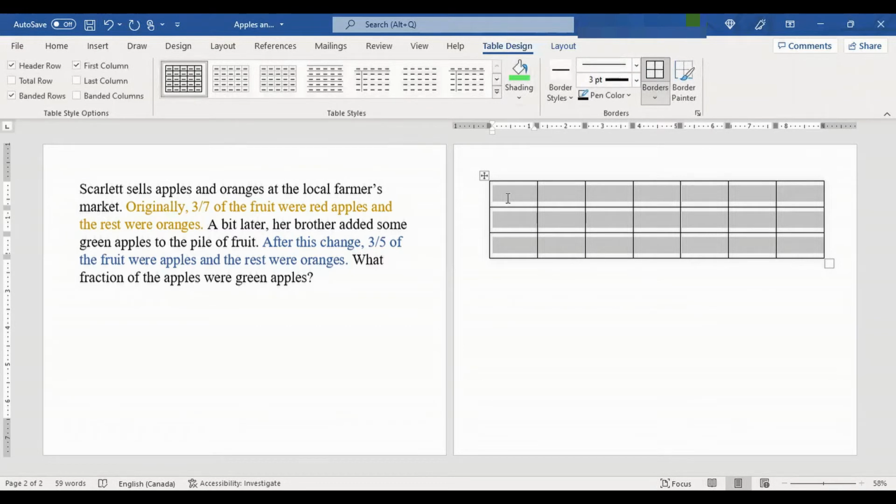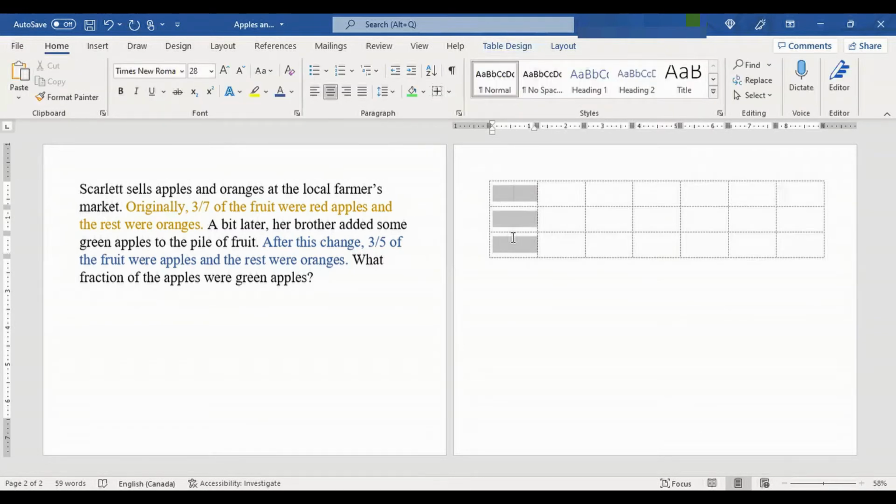Okay, so here's our table. Put the apples, and oranges, if you can see that properly. Yep, apparently can. So as mentioned in the yellow sentence, we know that apples take up 3/7 of the total number of fruit.